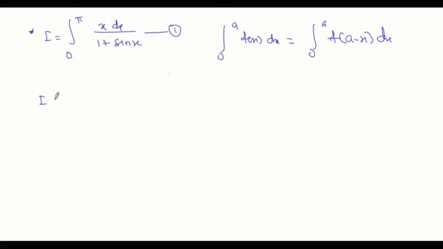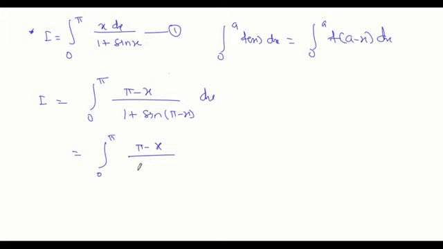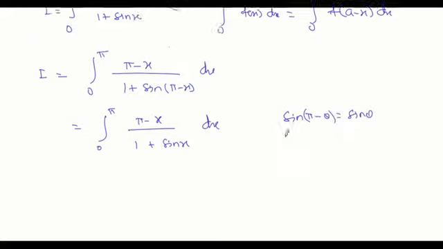Now the same I can be rewritten as integral 0 to pi, it is pi minus x by 1 plus sine of pi minus x dx. So now this is written as integral 0 to pi of pi minus x by 1 plus sin x itself. Why? Because sin(pi minus theta) is sin theta itself. That is why.